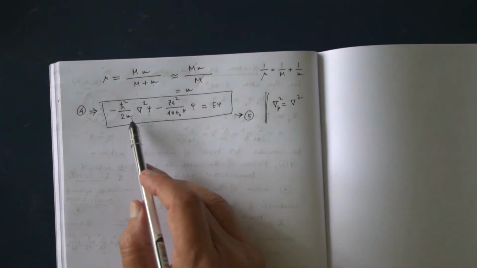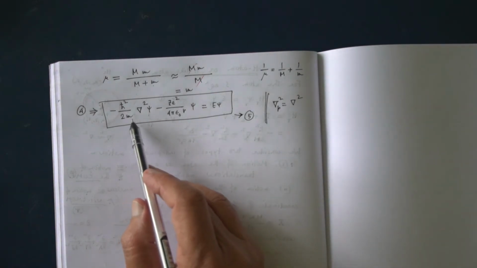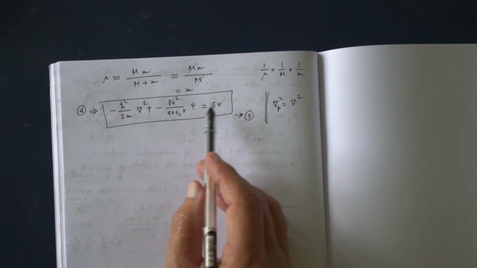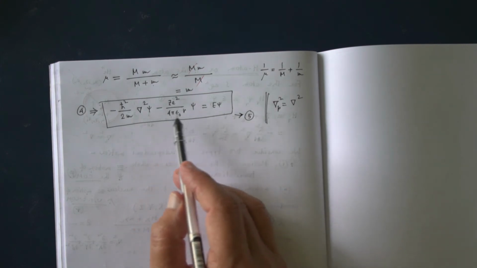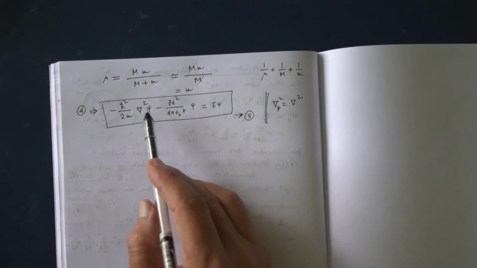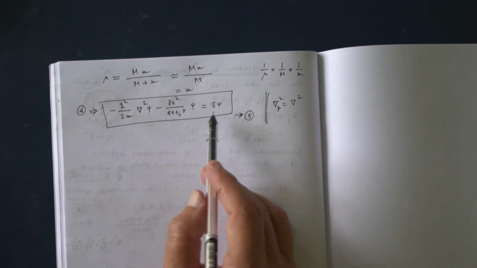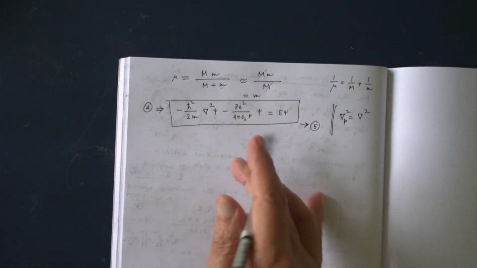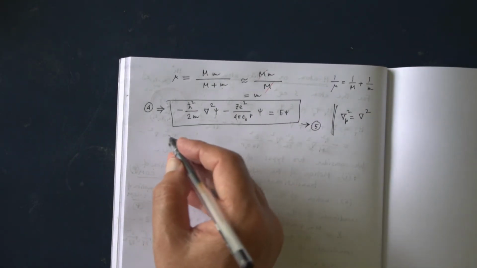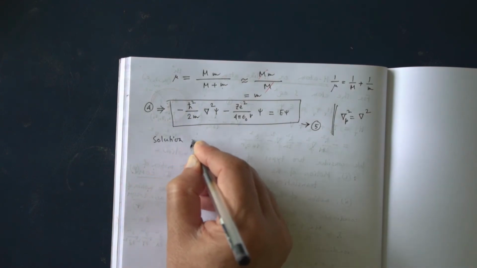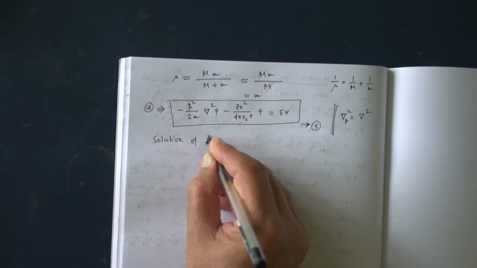This is the equation for the electron, because here m is the mass of the electron. This represents motion of the electron with respect to the nucleus. Now, the solution of equation 5.